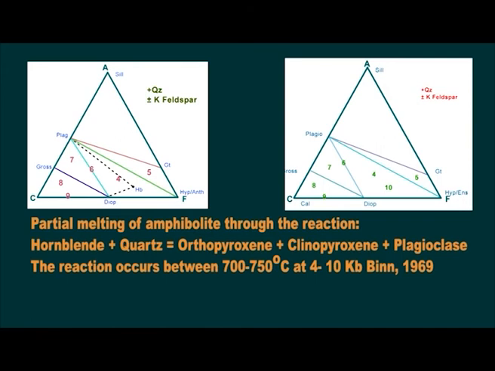The association of clinopyroxene plus almandine plus plagioclase also indicates a pressure of 8 to 10 kilobar at about 700 degrees centigrade. As already mentioned above, on the other hand, the presence of sillimanite plus cordierite in some granulites suggests that these are formed at relatively lower pressure, maybe as low as 7 kilobar.